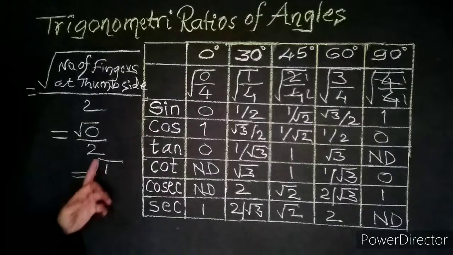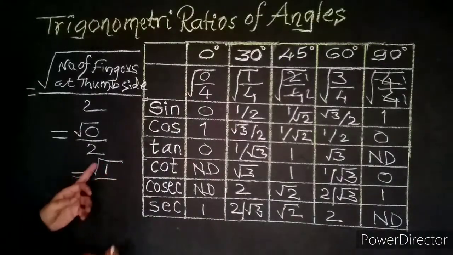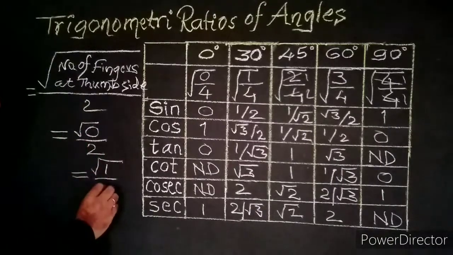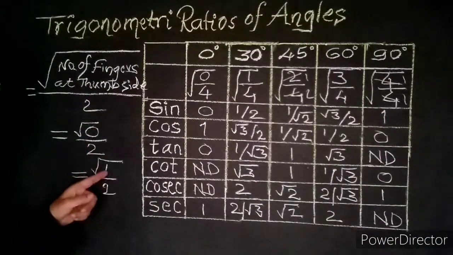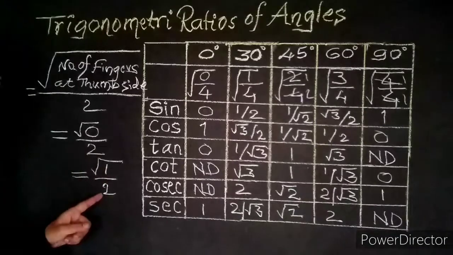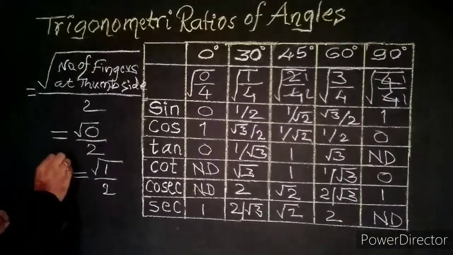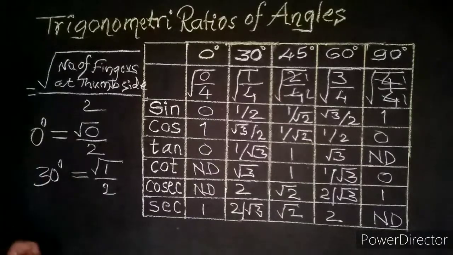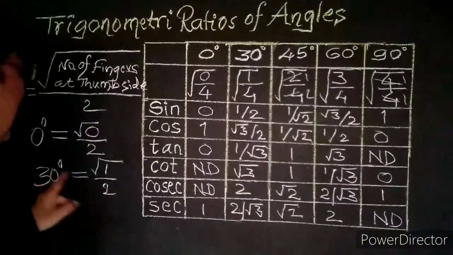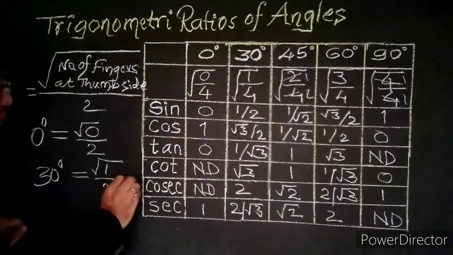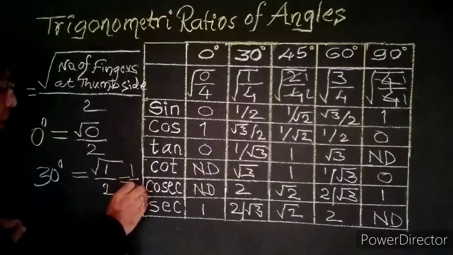In the square root sign I have written the number of fingers at the thumb side, that is 1, divided by 2. That means square root of 1 is 1, divided by 2. This is for 30 degree and this was for 0 degree. So we got sine 30 as 1 upon 2. Why? Square root of 1 is 1 and 2 is 2.